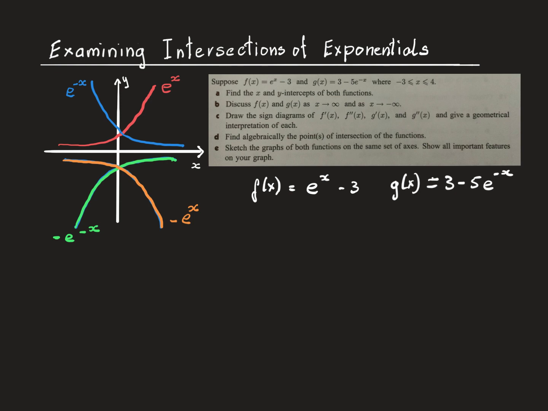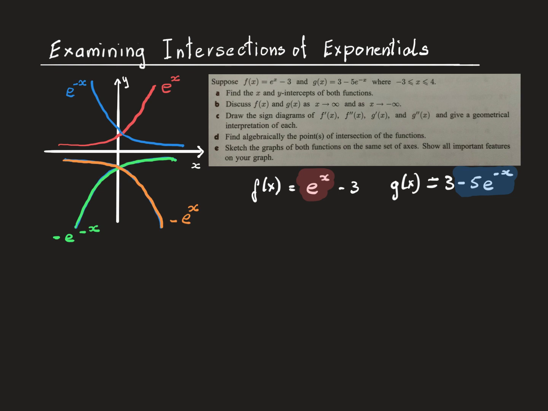I want to show you that in the very first function f(x), we're dealing with e^x, and for the second one, we're dealing with minus 5. The negative 5 is important because it belongs to the e.